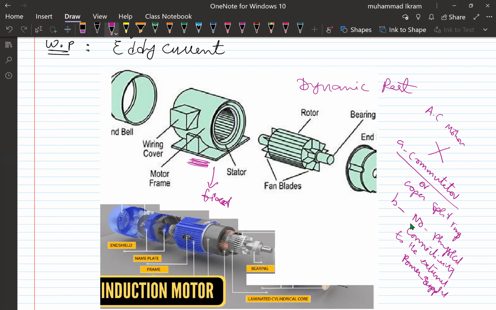The magnetic field produced by the induced current interacts with the rotating field of the stator, and this creates a torque in the direction of the rotation, and the motor keeps moving.